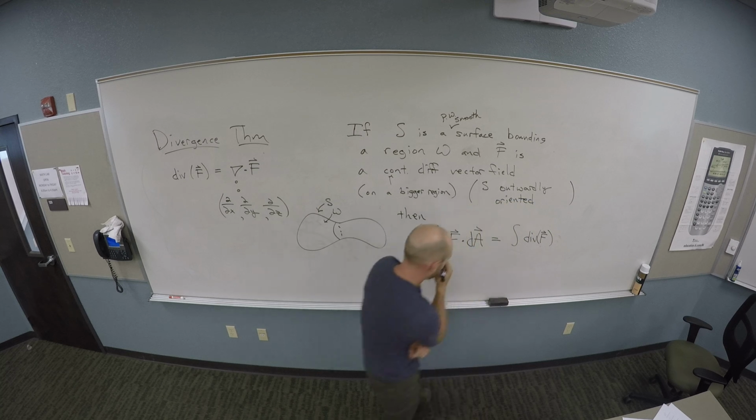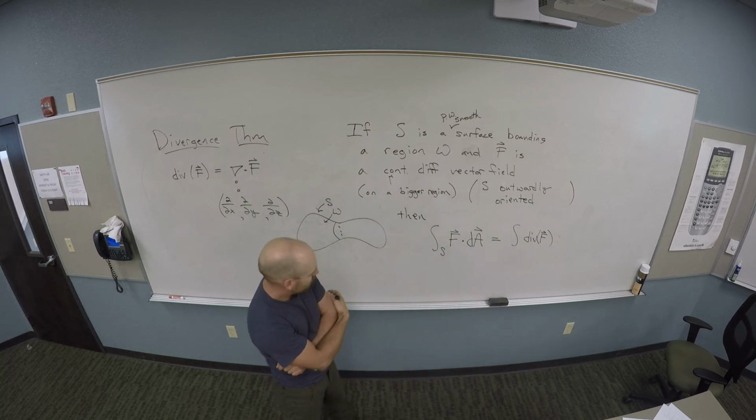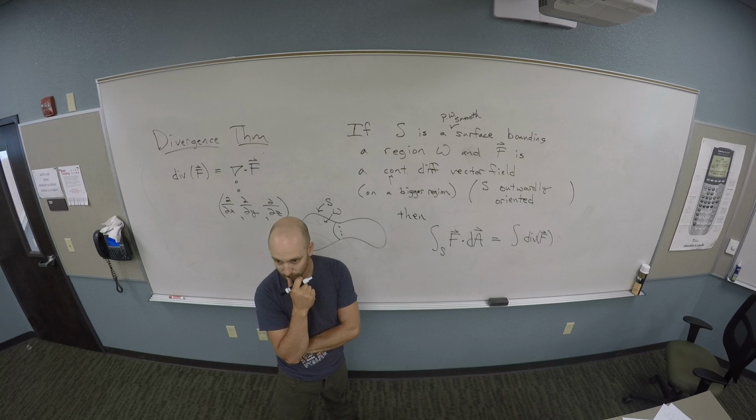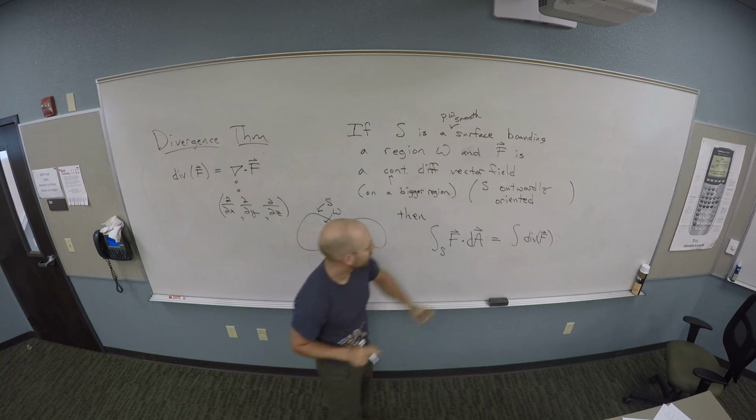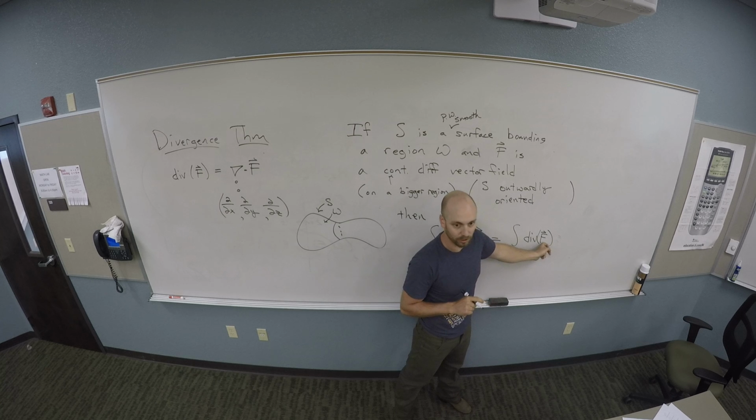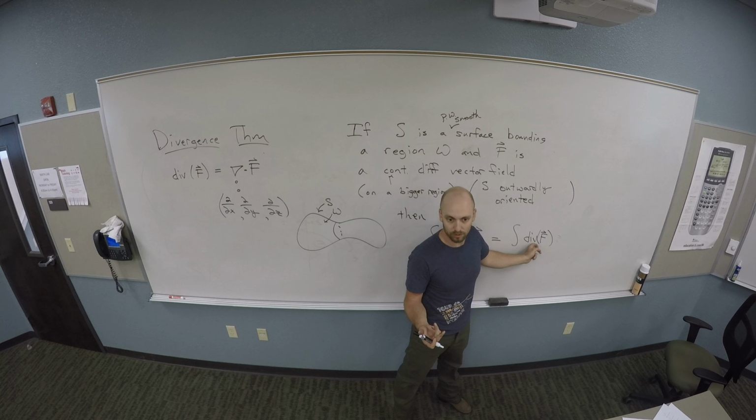Ooh, okay. Hang on. What kind of thing is the divergence of F? It's a number. So I took a vector field, a function of x, y, and z as a 3-vector. Then I dot product it with another 3-vector, so that's going to make some kind of scalar.